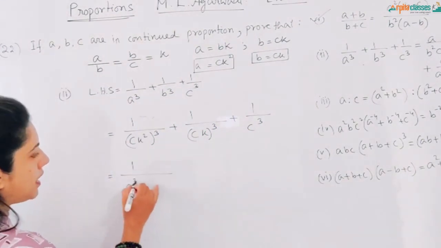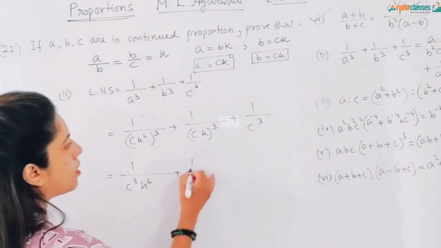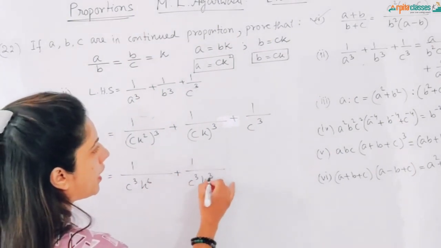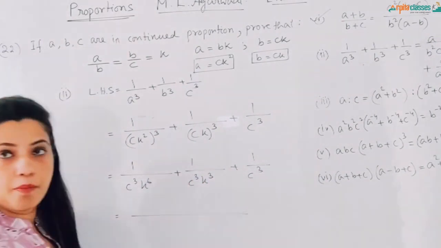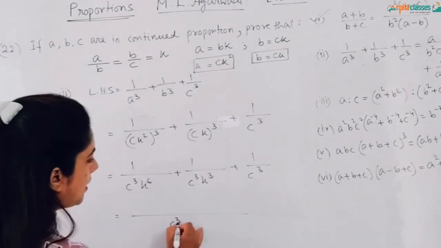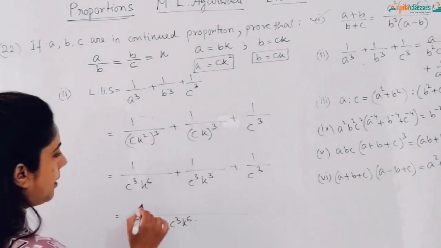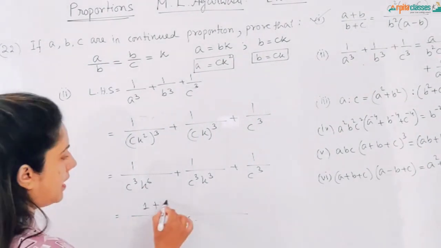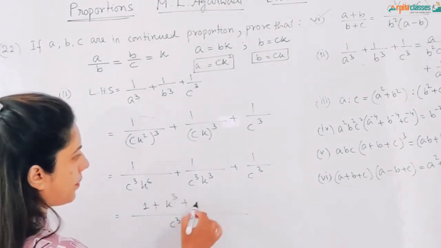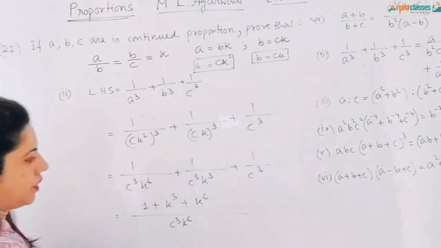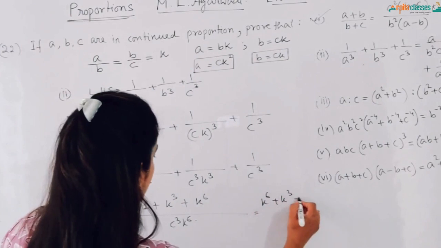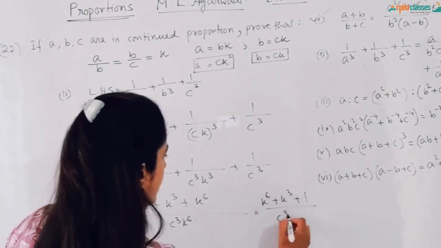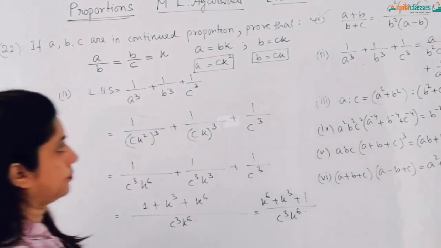So 1 upon C cube into K to the power 6, plus 1 upon C cube into K cube, plus 1 upon C cube. Now let us take the LCM over here. The LCM will be C cube K to the power 6. So it will be 1 plus K cube plus K to the power 6. So we are getting K to the power 6 plus K cube plus 1 divided by C cube K to the power 6.